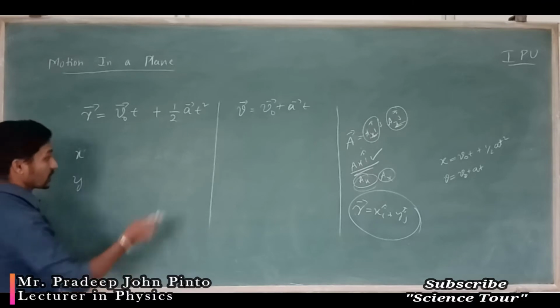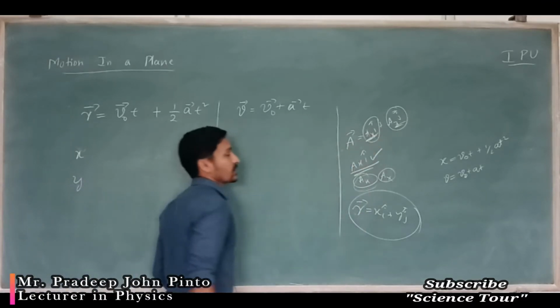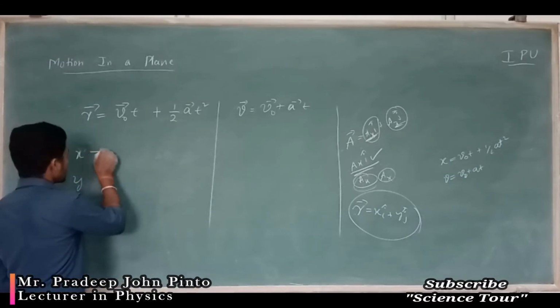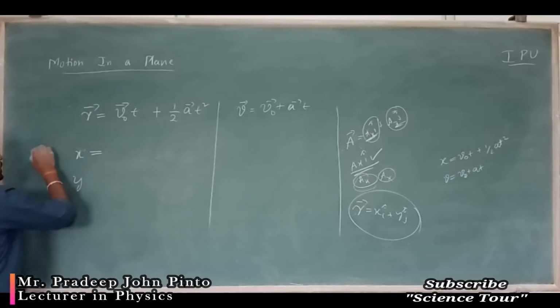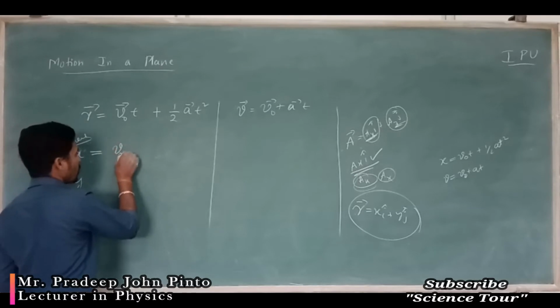So here also the component we are going to write down, the x itself tells you that the component is in x direction. But what is that component? That is nothing but the x component. We can write x is equal to v naught x into t.